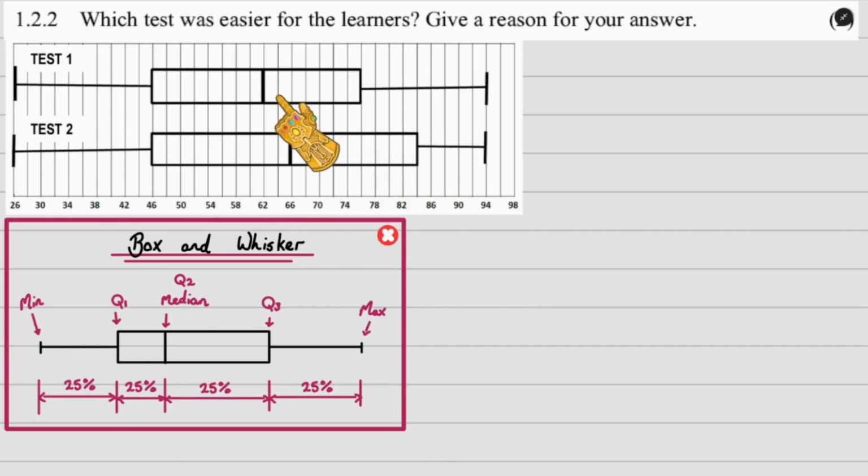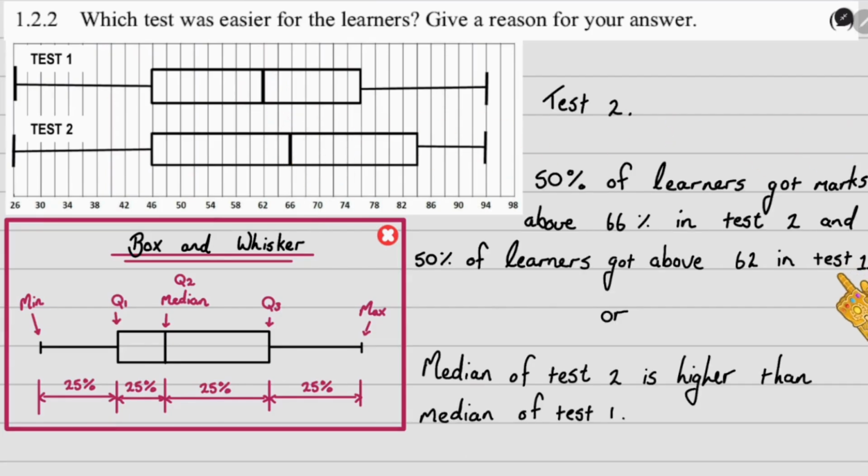You can also compare the medians. So how we write that up is we actually need to answer the question first. Which test was easier for the learners? Test 2. And then as our reasoning, to give a reason for our answer, we say 50% of learners got marks above 66 in test 2, while only 50% of learners got above 62 in test 1.